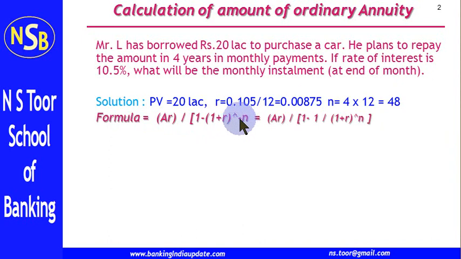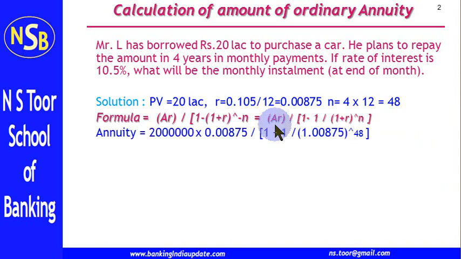Now since we have a minus before N, this formula is converted like this. So instead of (1 plus R) raised to the power minus N, we write it as 1 divided by (1 plus R) raised to the power N.